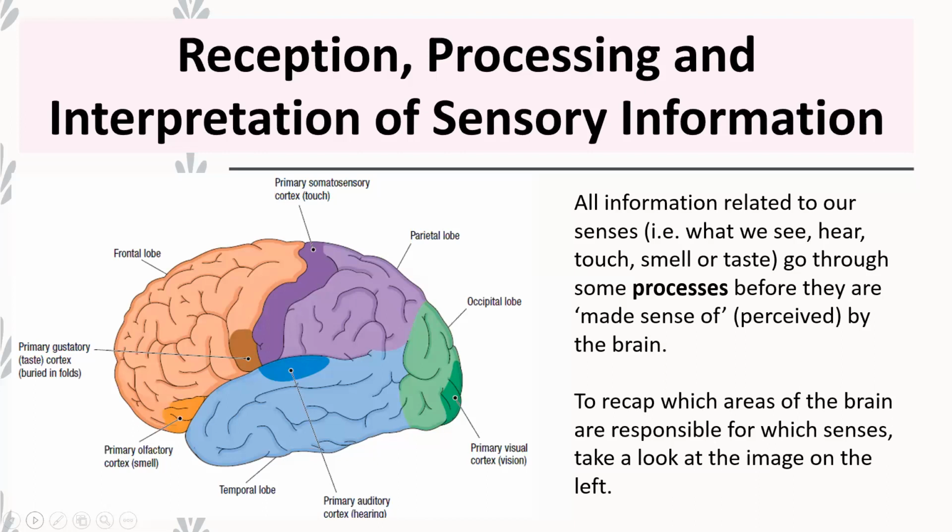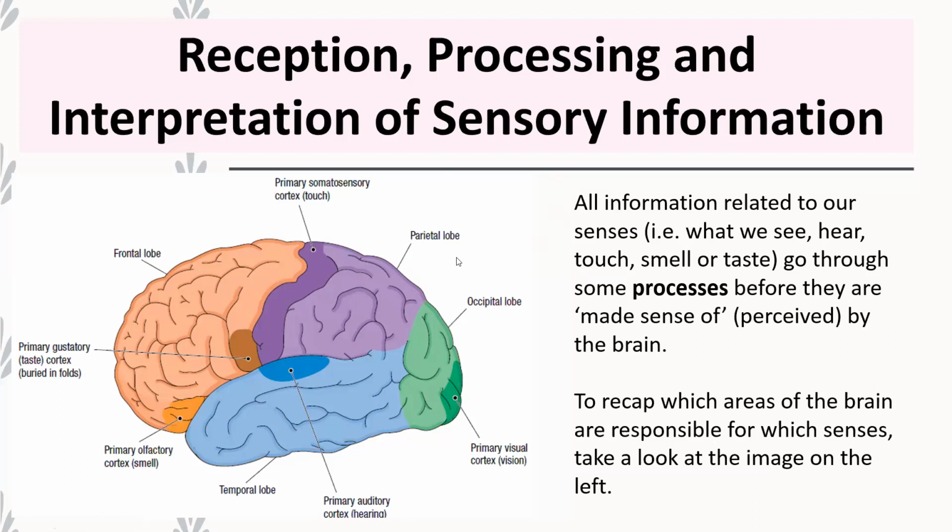So now we're just going to look at the processes relating to sensation and perception. So we've got reception, we've got processing, and we've got interpretation. Now, when we're talking about any kind of sensory information, all of that sensory information has to go through the sensory organs. Like we said, when we're talking about visual images, that has to go through your eyes.